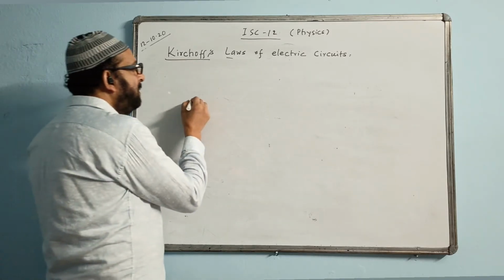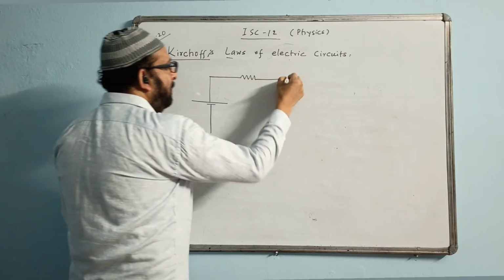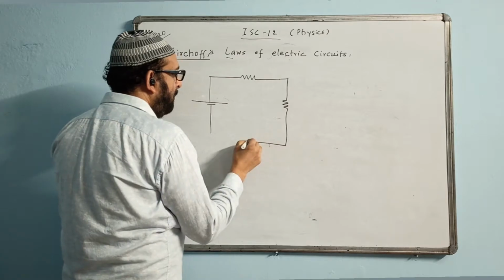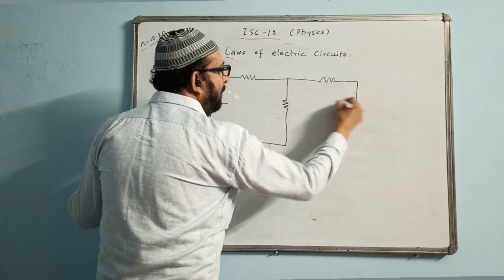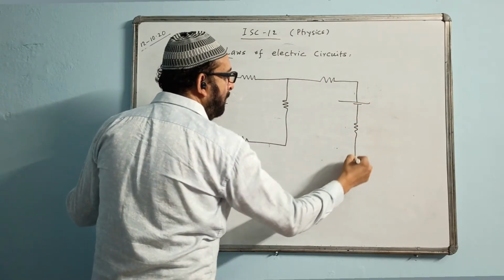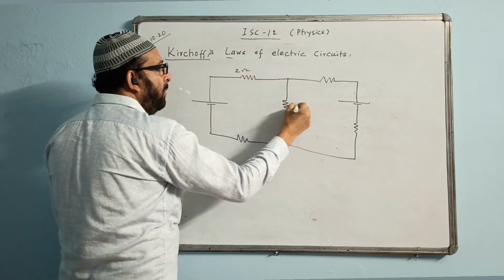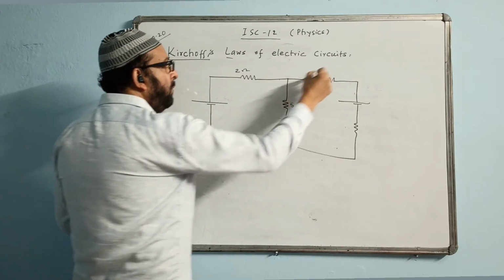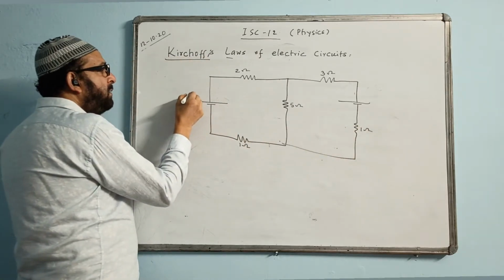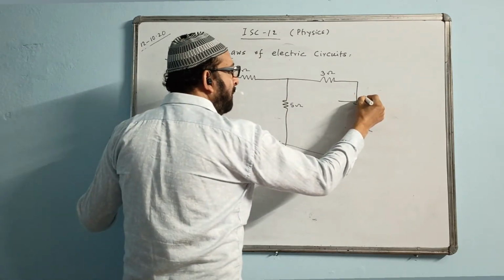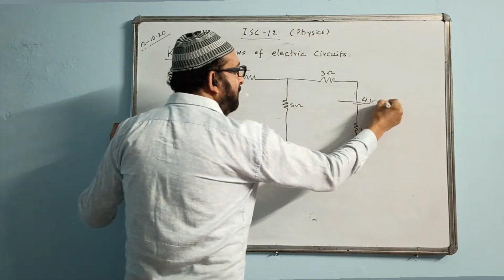So they are showing a circuit like this. 2 ohm, 5 ohm, 1 ohm, 3 ohm, 1 ohm. This is 2 volt and this is 4 volt. This is E1 and this is E2.